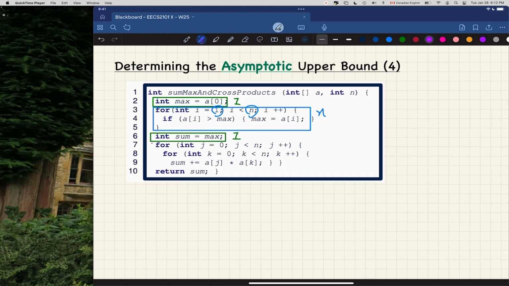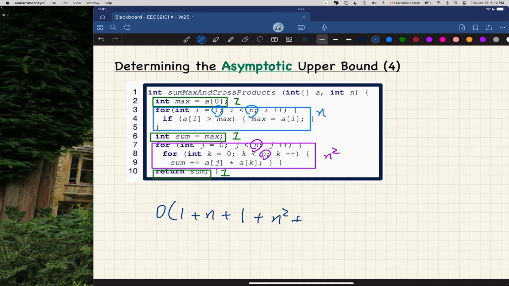And if you look at the nested loop over here, very similar to the contains duplicate case, you got n here, so that should be n squared. And finally, this one here is just 1. So what we get is big O of 1 plus n plus 1 plus n squared plus 1. Big O of n squared plus n plus 3. And you can drop the lower terms, so n squared.